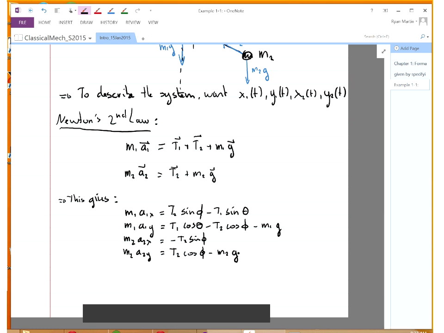Okay. So how does this give us the functions x1, y1, x2, y2 of t that we desire?